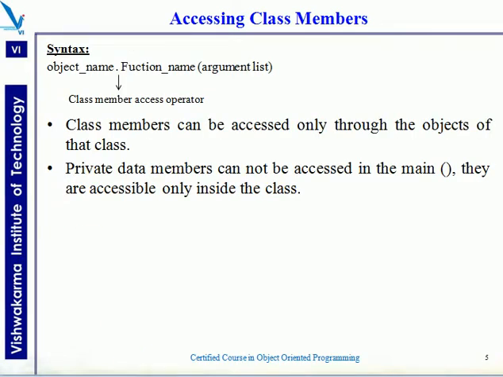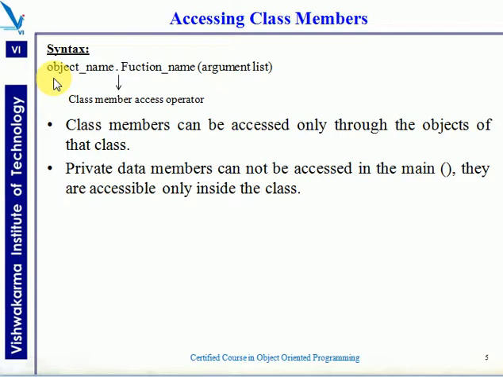Now we will see accessing class members. As we know, class members can be accessed only through the objects of that class. Here is the syntax to access class members. In this, we first write object name, then dot, function name and in the brackets the argument list.